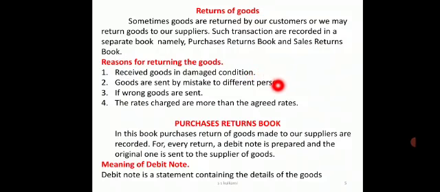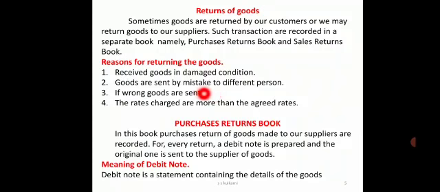Next, if by mistake we sometimes send goods to a wrong person, then the goods are returned. Next, if wrong goods are sent. For example, if we have ordered scientific calculators and by mistake simple calculators have come, then those are wrong goods.